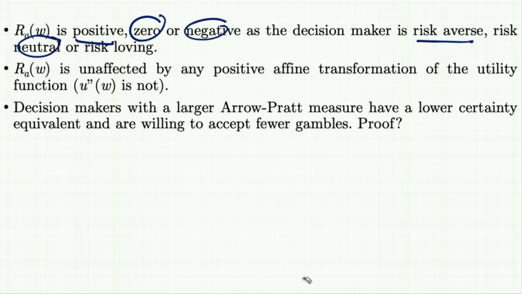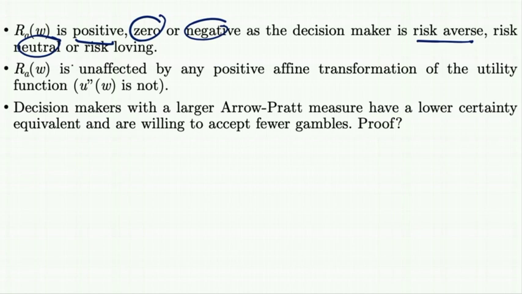Also, this Arrow-Pratt coefficient, or the coefficient of absolute risk aversion, is unaffected by any positive affine transformation of the utility function. That means U double prime of W, the curvature, is not affected by any positive affine transformation.